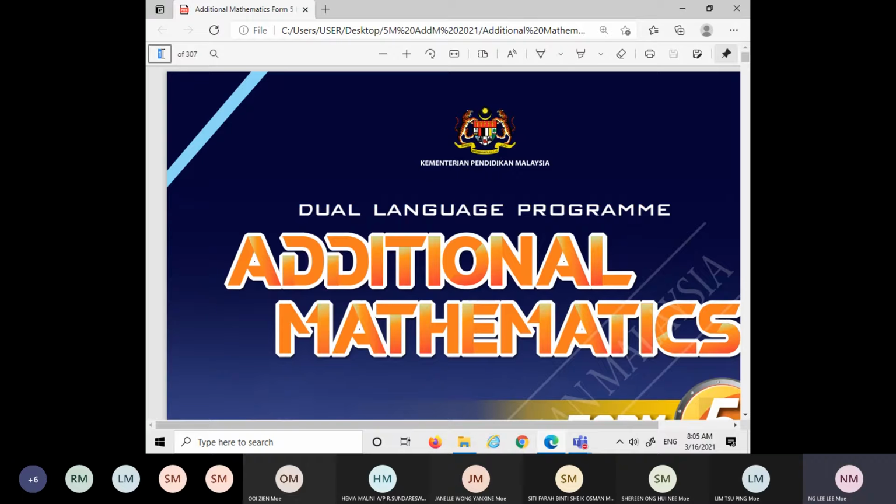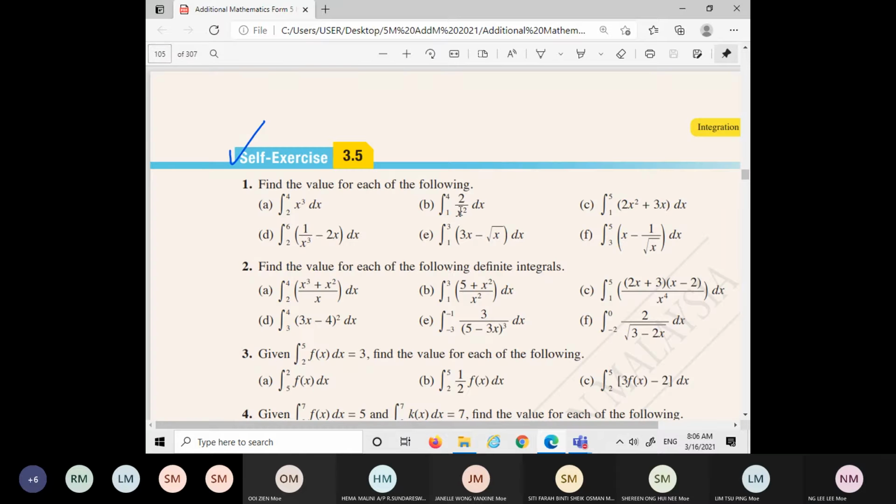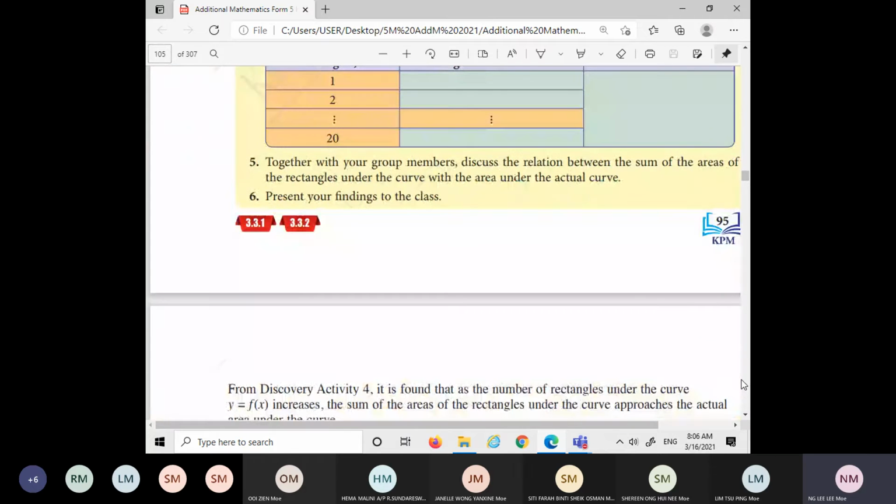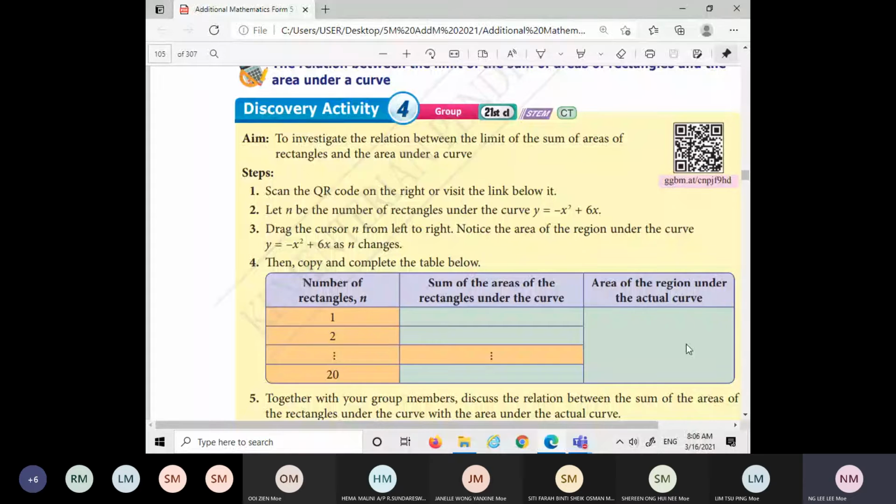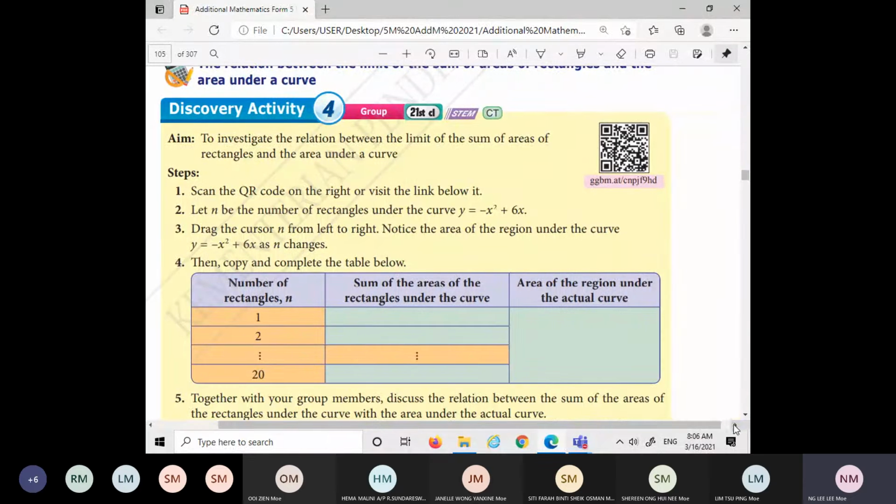So yesterday 3.5 finished, huh? Okay, so we continue. Okay, you can see the digital textbook.